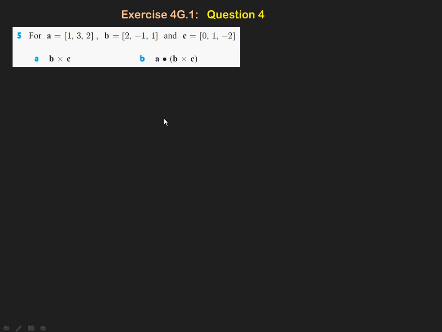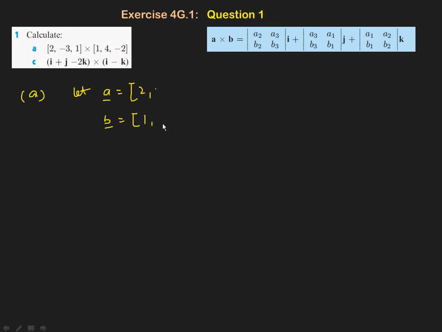If you're using the formula, that would be like this. Follow the formula. This is A2, A3, B2, and B3, so I put -3, 1, 4, -2.